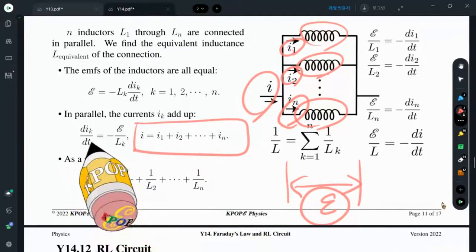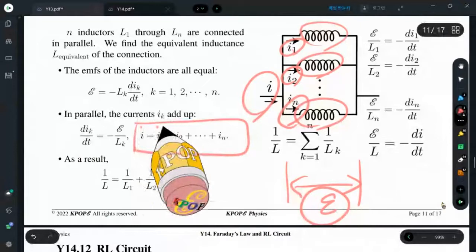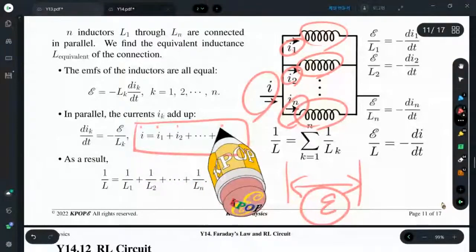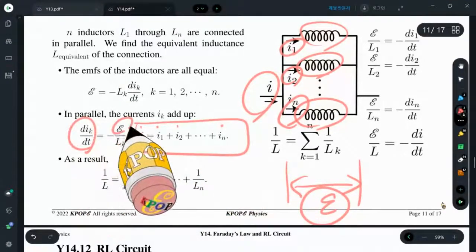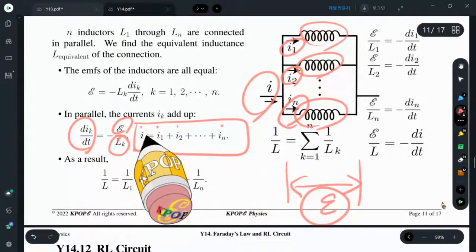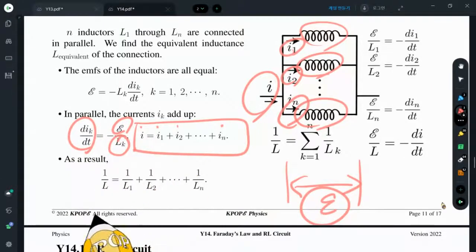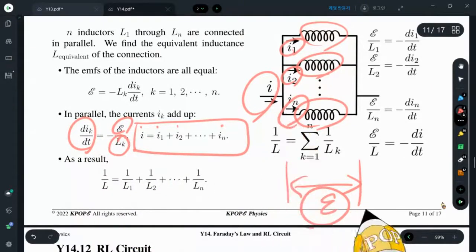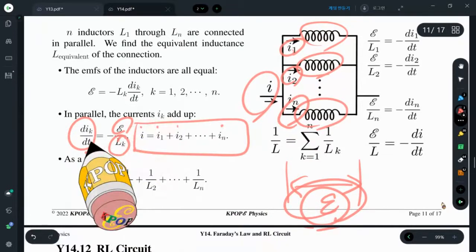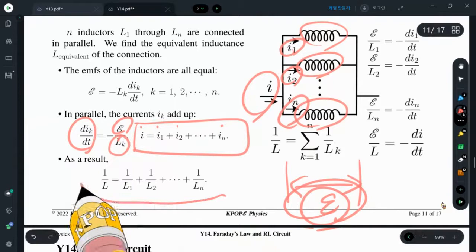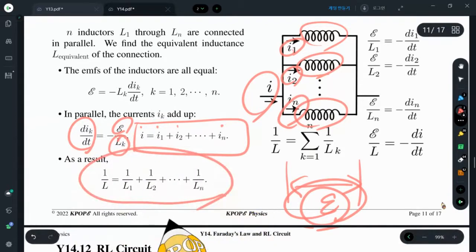Take the time derivative of this, and the time derivative of current is E over L. Replace everything with E over L, and E, the potential difference, is constant. Divide this E out. We end up with the result for the parallel connection.